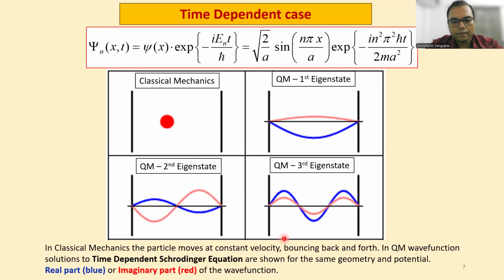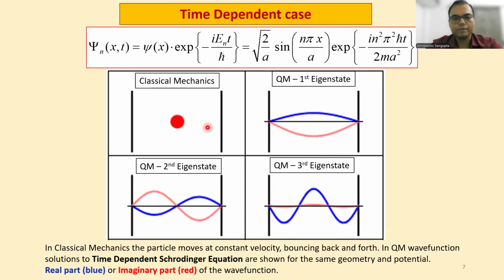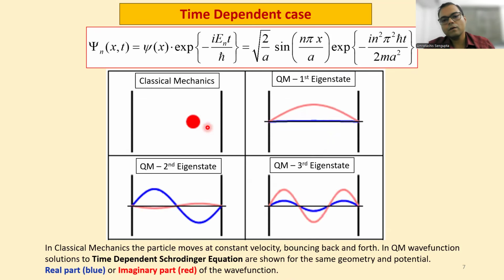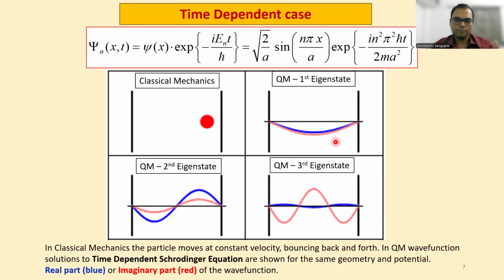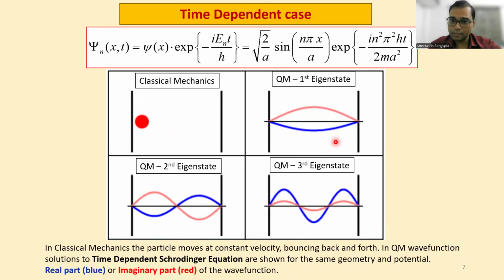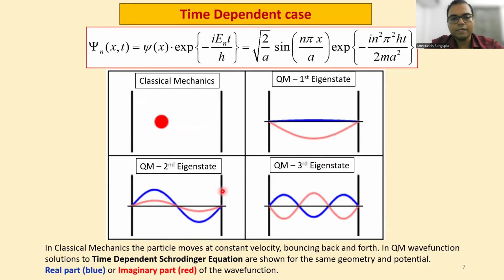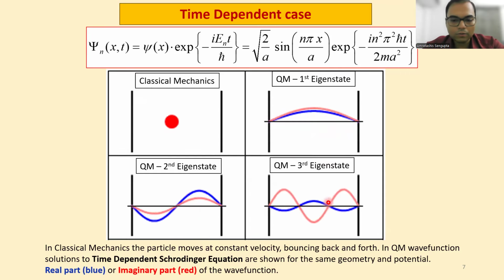And the particle is moving at constant velocity in the classical picture back and forth between the walls. That is the classical picture of such a system. And this is the quantum picture of such a system, the dynamic quantum picture of such a system. This is the ground state, the first excited state, the second excited state, and so on.